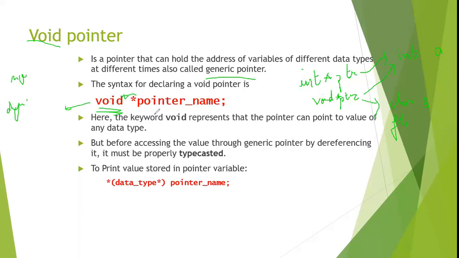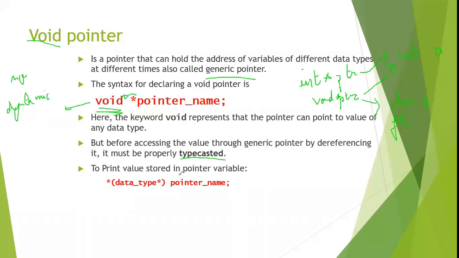The data type will be decided at runtime, so that is why I call it dynamic. But before accessing the value through generic pointers by dereferencing, it must be properly typecasted. If I am dereferencing, proper typecasting should be done.